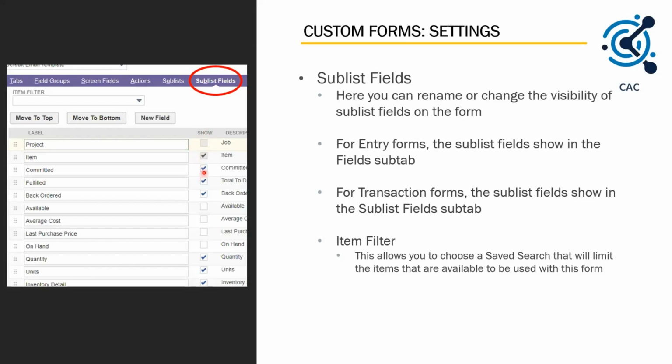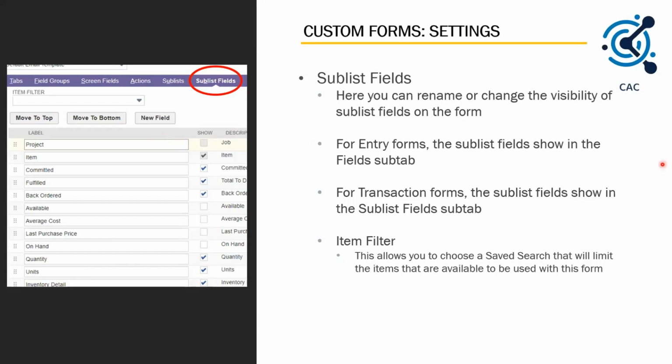It's only basically show it or don't show it, but you can rename it by clicking into one of the cells over here and changing it. So in the background, NetSuite calls a project a job, but maybe you refer to projects as jobs as well, and you want this field to say job instead of project. Well, you just delete that and type in job.